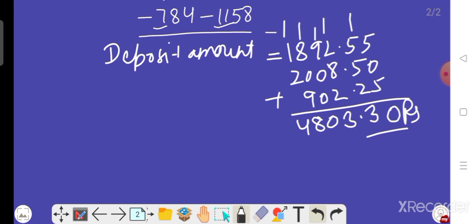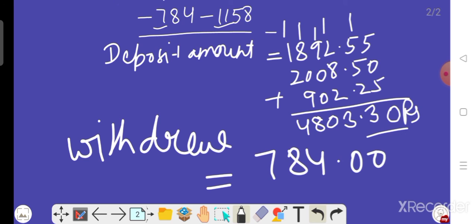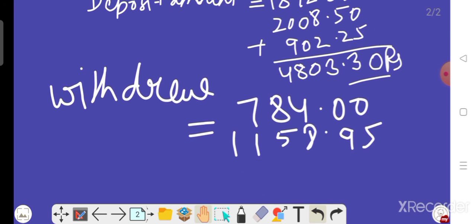So withdrawal amount is equal to 784.00 and 1158.95. Okay, add the withdrawal amounts.